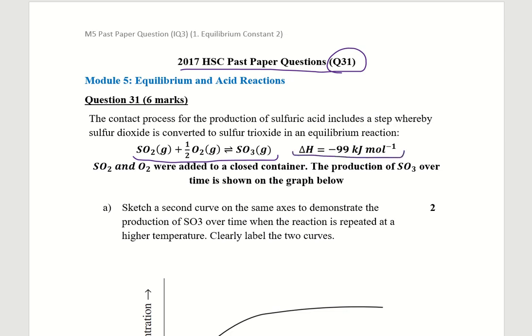And that is our delta H, which means this is an exothermic reaction, which means heat is being produced on the product side.